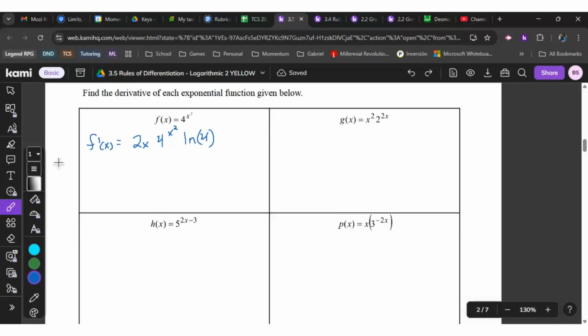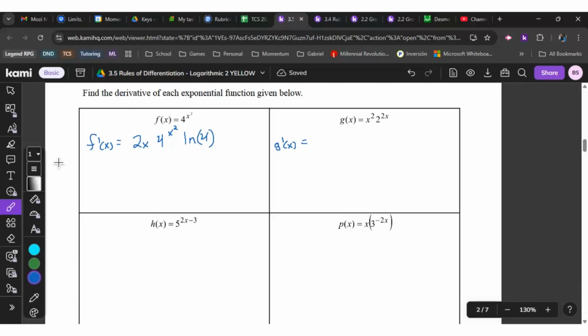Okay, next one. Well, let's explain the next one because it's the same idea. So this one is the same, except what did I add to g of x? It's not just the exponential. It's a product. So yes, it's a product rule.